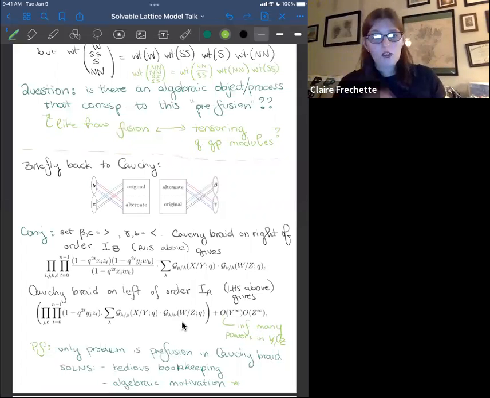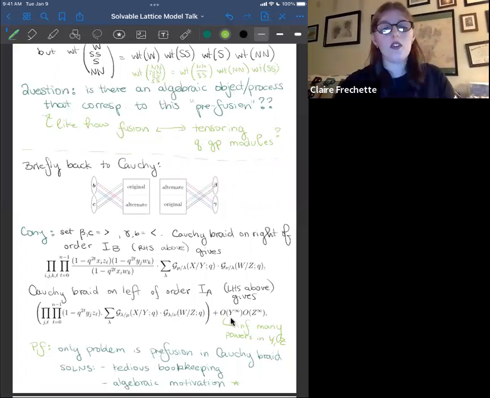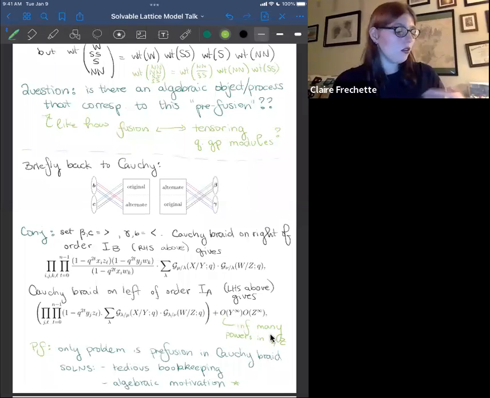If you set up the entire process with your Cauchy braid on the other side, you get this error term in the variables x and w instead, but it works out pretty much exactly the same. And the trouble we wind up in the proof, the only problem, is actually the existence of this prefusion in the Cauchy braid.